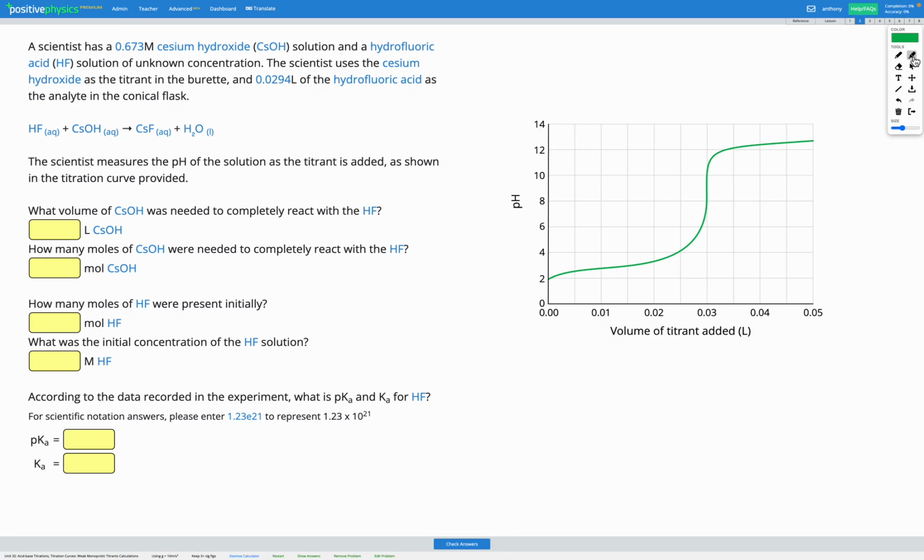In this question, a scientist has a 0.673 molar cesium hydroxide solution and a hydrofluoric acid solution of an unknown concentration. The scientist uses the cesium hydroxide as the titrant in the burette and 0.0294 litres of the hydrofluoric acid as the analyte in the conical flask.